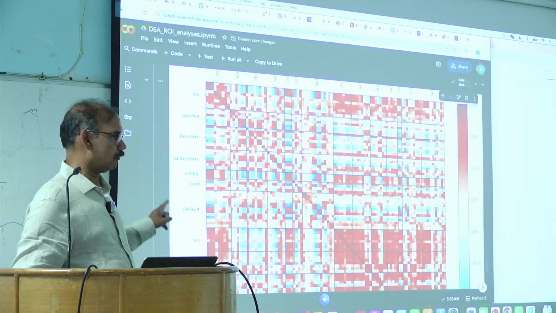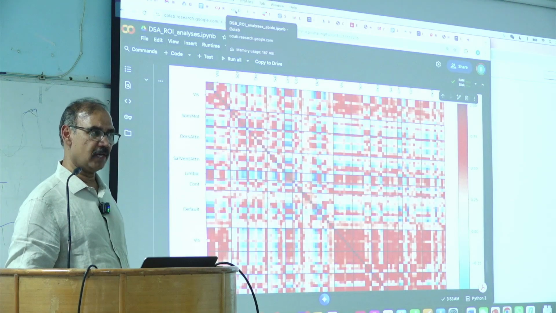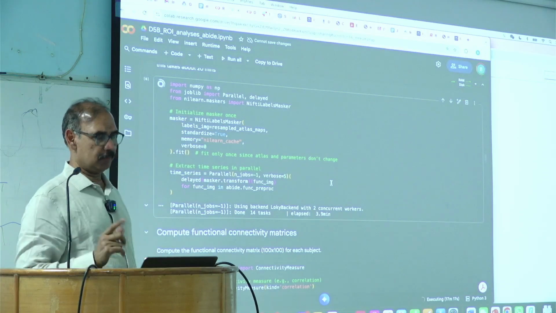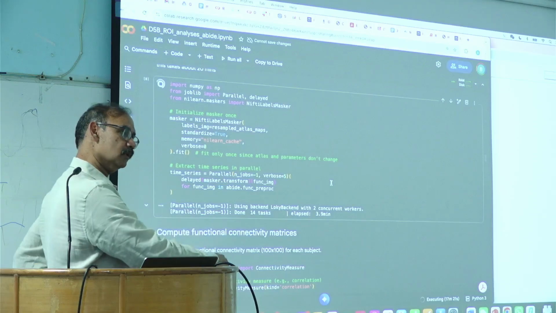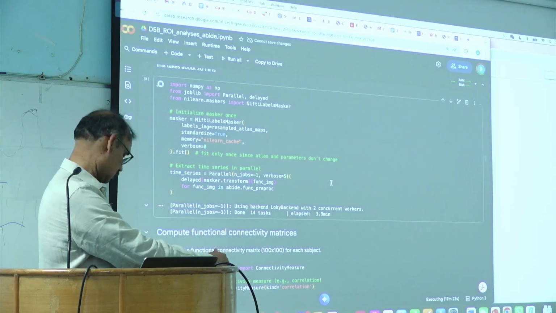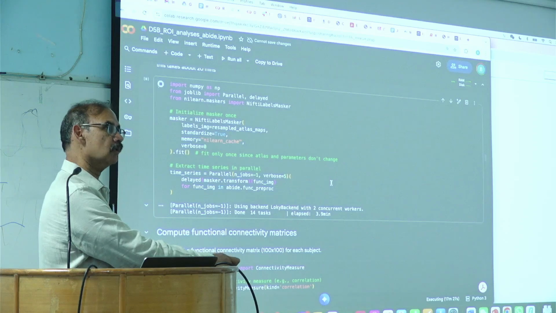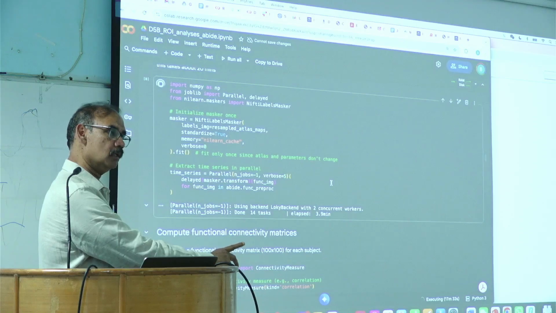When you say functional connectivity, you're not using ICA. You are using ROI-based pairwise correlation. Okay, and then what will you do? Then finding out the difference between the groups, using a t-test between the severities as well as with the healthy controls.